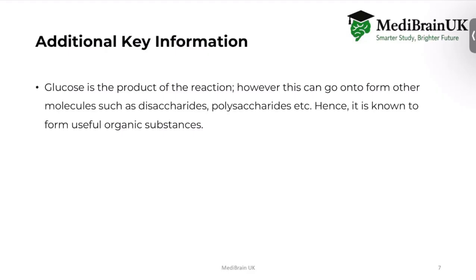That's why we have to say that useful organic substances are formed from this process of photosynthesis. It's not just that glucose is formed. That's why we just use the term useful organic substances. Organic means containing carbon.